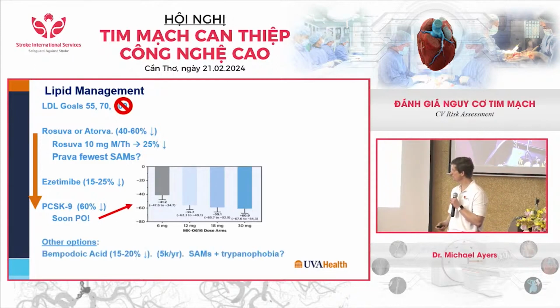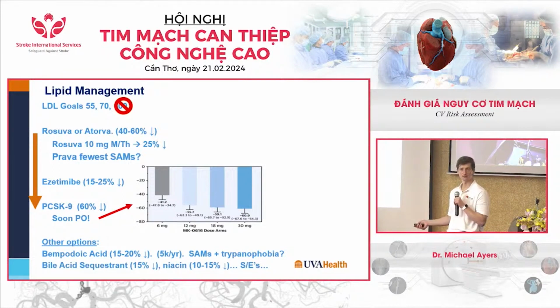You know, bempedoic acid is a difficult subject for me. It lowers much less than PCSK9 inhibitors and costs the same amount. So I don't use it a lot. I use it in people that are super scared of needles. Trypanophobia. Bile acid sequestrants work, but like niacin, not many people can tolerate them.